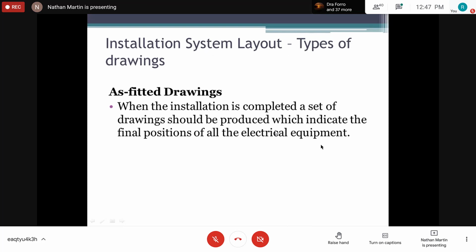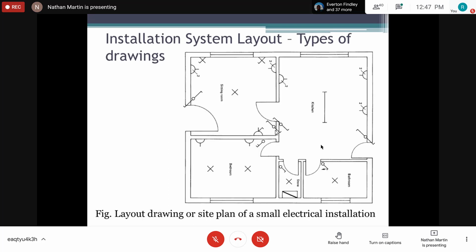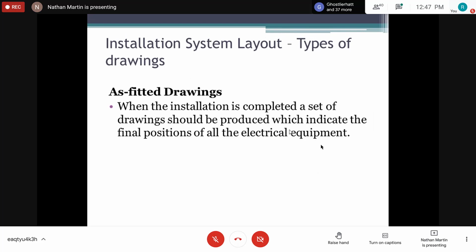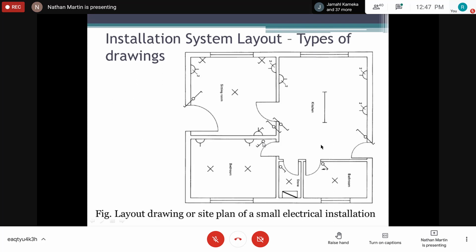Now, as fitted drawing, what's an as fitted drawing, right? When the installation is complete, remember, first you're going to get this, but you might have some changes, and this is when you need to submit your as fitted diagram to the architect so they can make changes to the site plan, right? Your as fitted diagram will normally be you marking up this diagram and saying, listen, I wasn't able to put this light here.